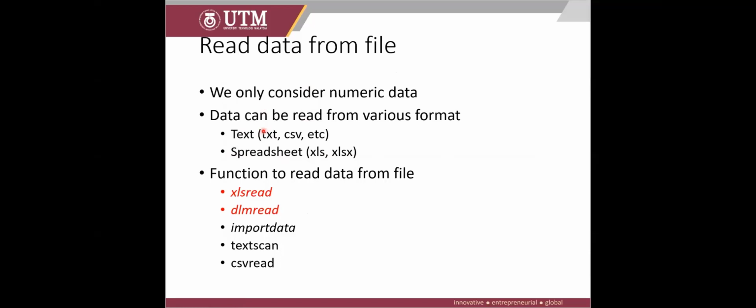So how do you do that? There are actually a couple of functions that you can use to import data, say Excel or text files, in Octave. One of the functions is Excel read.